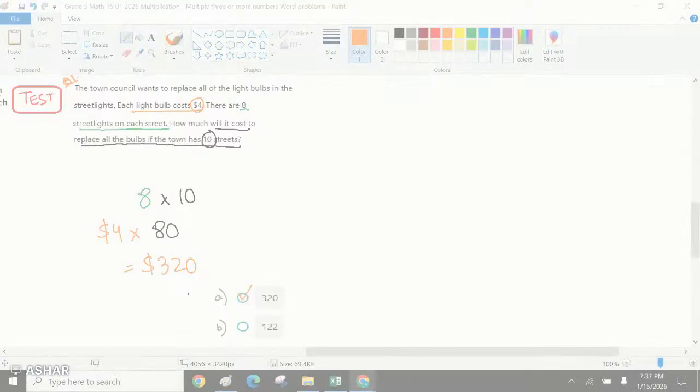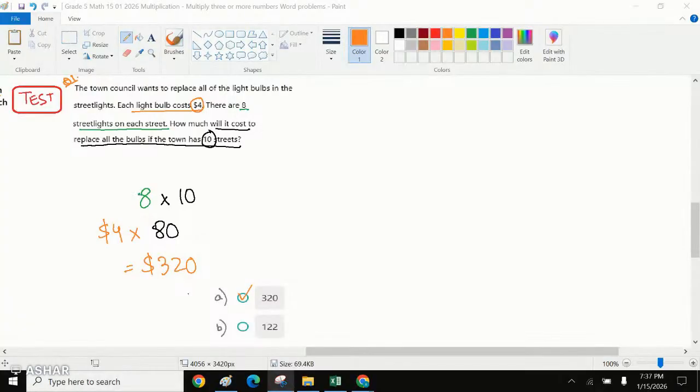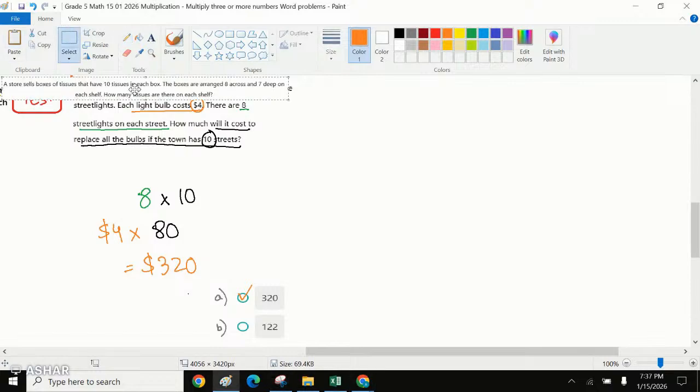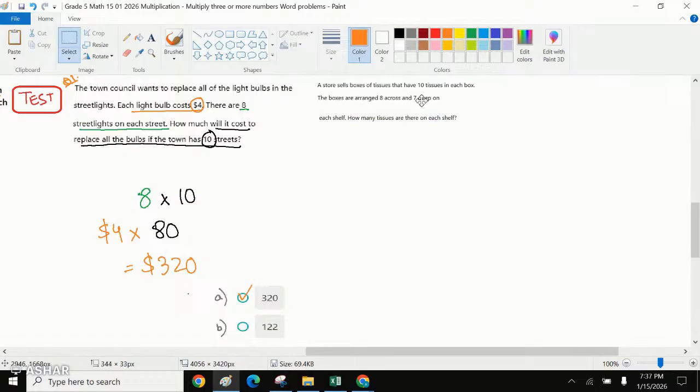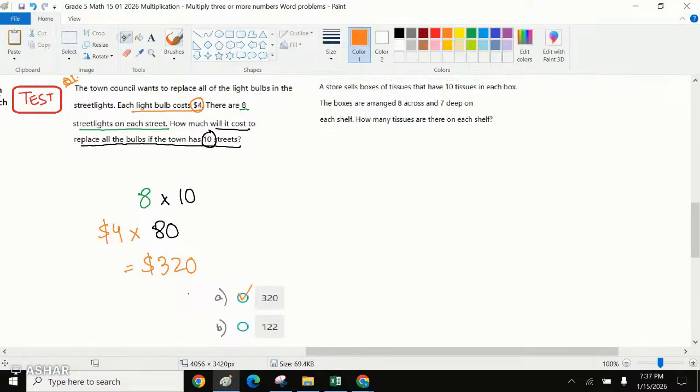A store sells boxes of tissue which have 10 tissues. Not very difficult. Let me just copy this. Sorry. Let me just realign this. A store is selling boxes of tissues, question number 2.